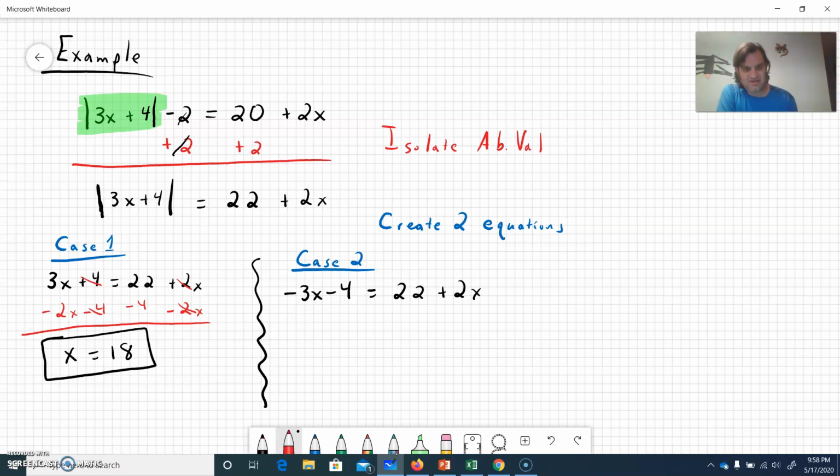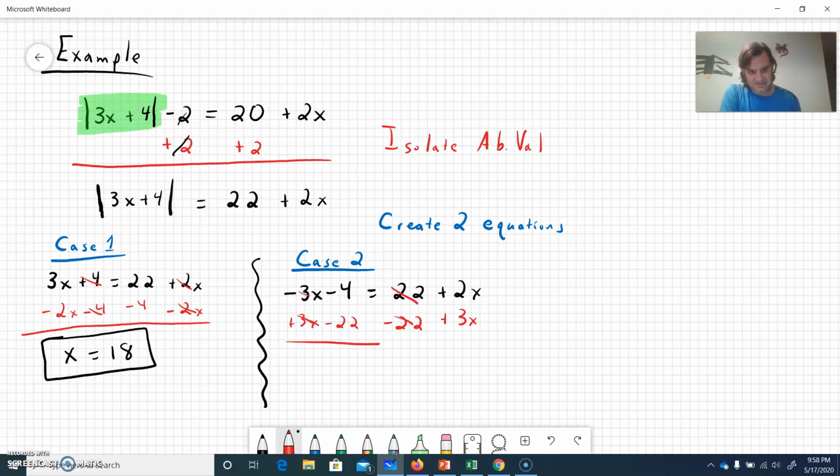So in case 2, I had negative 3x minus 4 equals 22 plus 2x. It doesn't matter which way I take these things. I just got to get my x's on one side, non-x's on the other. I like my x's to be positive if possible, so I'm going to add 3x to both sides. So I'm moving my x's to the right, so I need to move my numbers to the left, and I'll do that by subtracting 22.